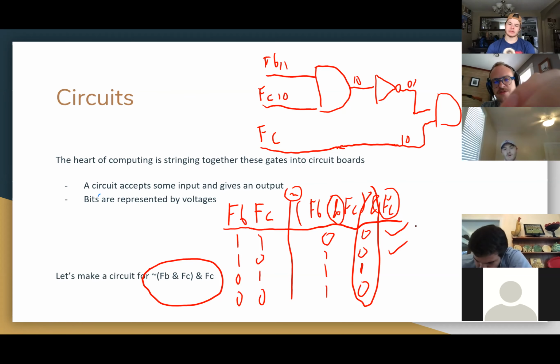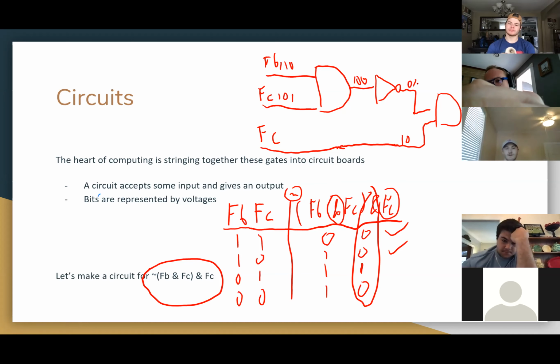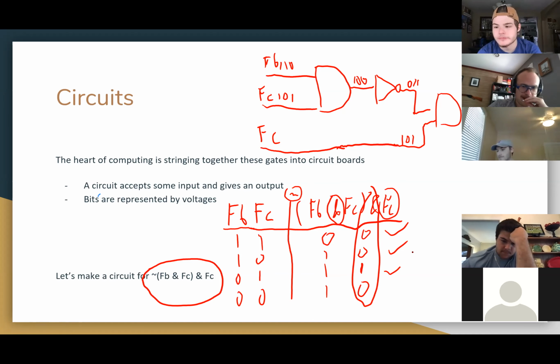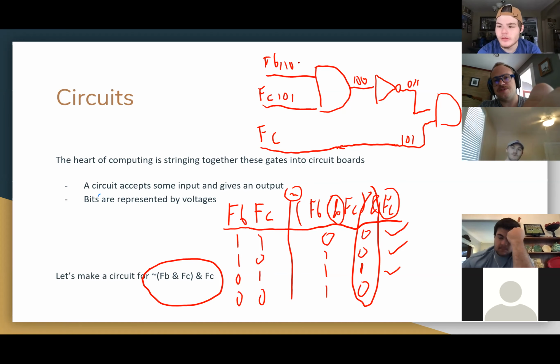Now we look at output 3. So FB is 0, FC is 1. That is a 0 going into this AND gate, and a 1 coming out of this NOT gate. FC is 1 in this case, so it's a 1 and a 1. Output is 1 on that third line of inputs. Finally, the last line of inputs is 0.